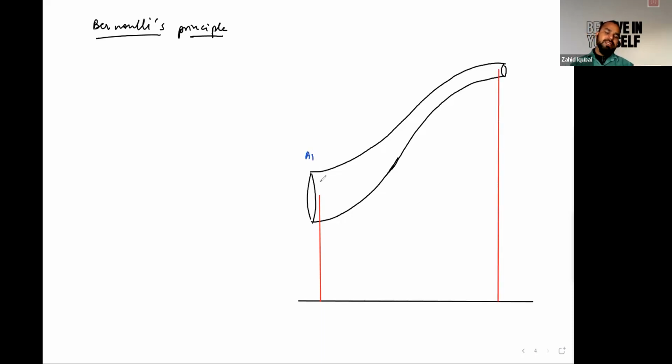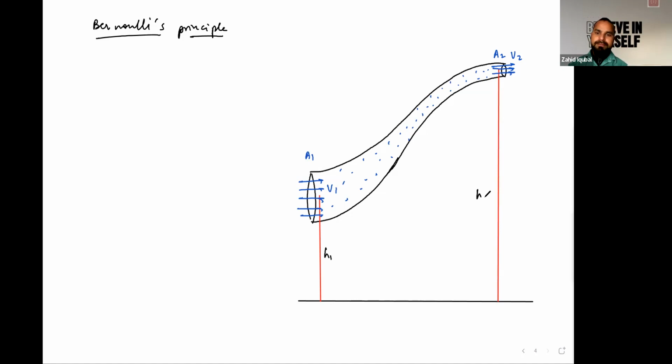Let's say area of cross section is this. Velocity of layer of liquid at this end is V1, and velocity of layer of liquid at this end is V2, area of cross section is A2. Let's say liquid is non-viscous, incompressible, gravity is constant, and energy is conserved. So according to Bernoulli's principle, the sum of pressure, kinetic energy per unit volume, and potential energy per unit volume at any instant will be constant.